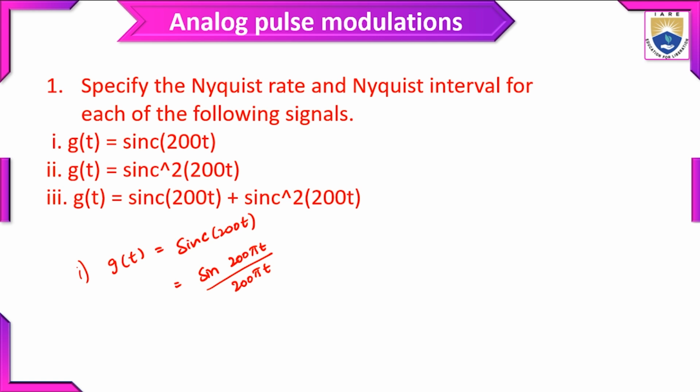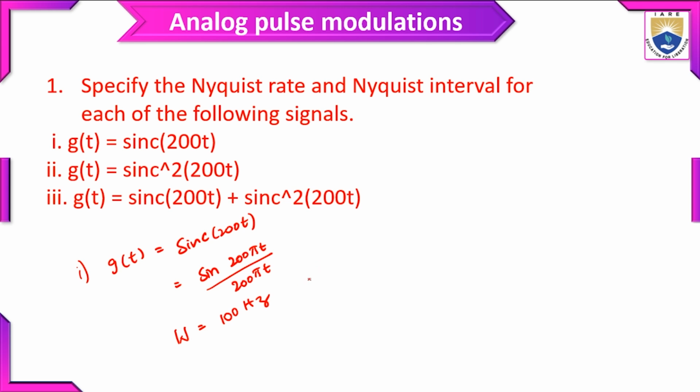Here the frequency component, which you can represent by W or fm, is 100 hertz. So the Nyquist rate, you know that fs is greater than or equal to 2 fm.